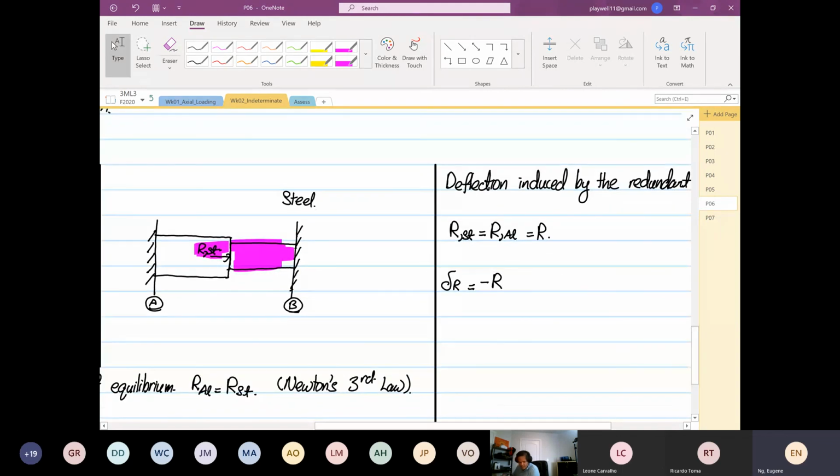So L for aluminum is 0.3, divided by cross-sectional area, which is 2000 times 10 to the power minus 6, and then the Young's modulus is 75 times 10 to the power 9.